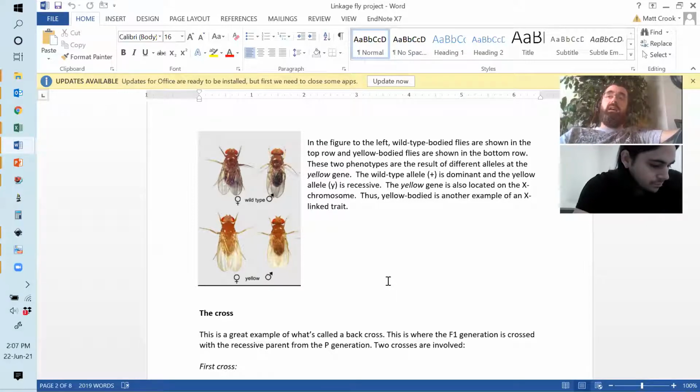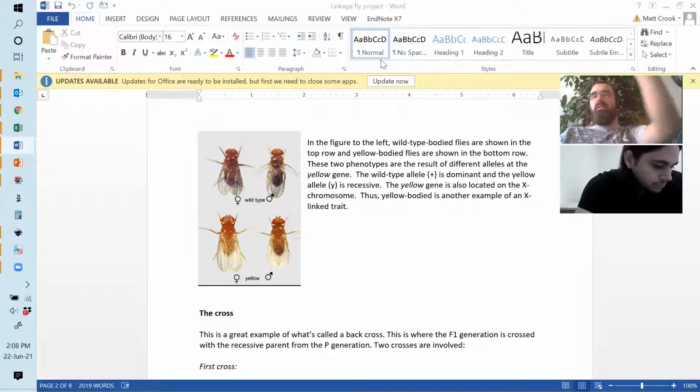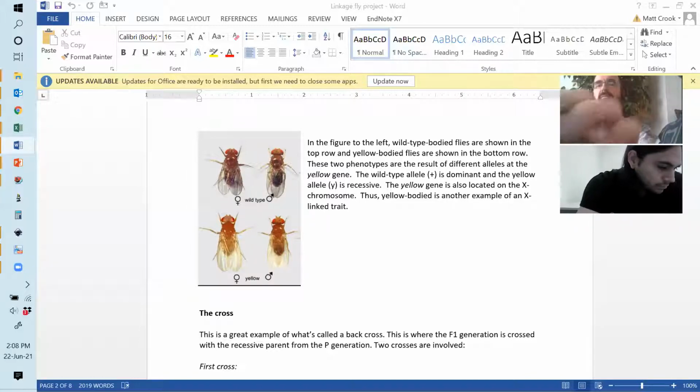In a homozygous recessive mutant, or if it's a male, a hemizygous recessive mutant, and I keep saying that, I'd better write that down because accents and stuff may not get that. I guess I'm just showing off really. So homozygous recessive is easy. That would be genotype AA, let's say.